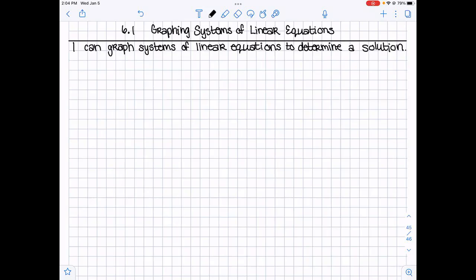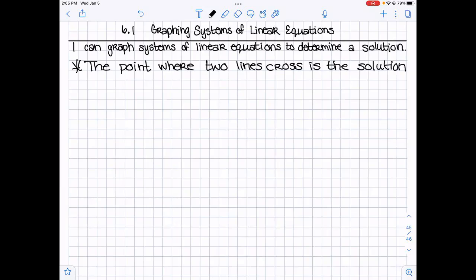Okay, so important note. The point where the two lines cross is the solution to the system of equations.